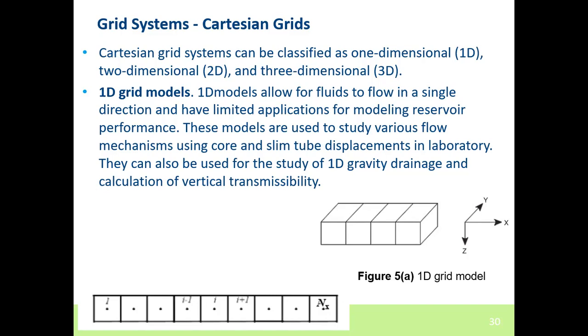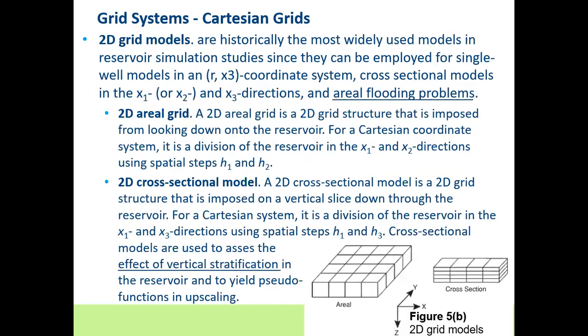You can see here the nomenclature from 1 to n, with one of the blocks being I, and this is I minus 1, I plus 1. So these grid systems are used for core and slim tube displacements, especially for simulating laboratory processes.